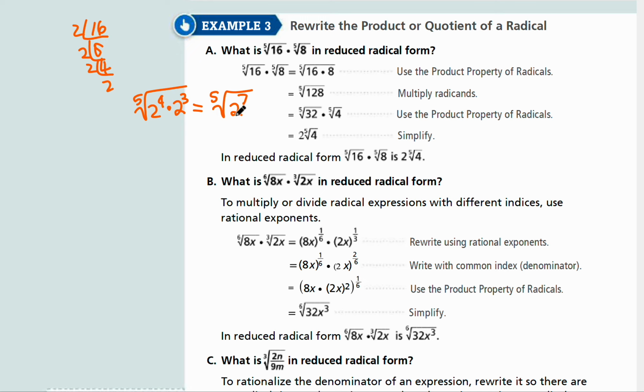And so because we have 2 to the power of 5, we can rewrite this as 2 to the power of 5 times 2 to the power of 2.